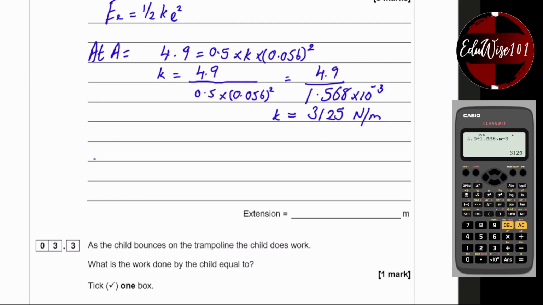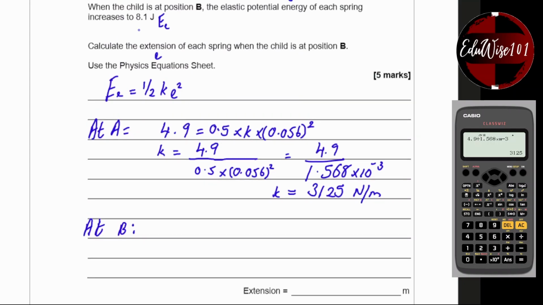So at B, we use the spring energy, which is elastic potential energy, 8.1 there.